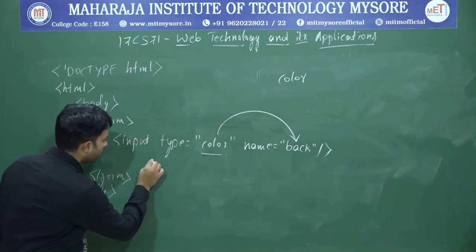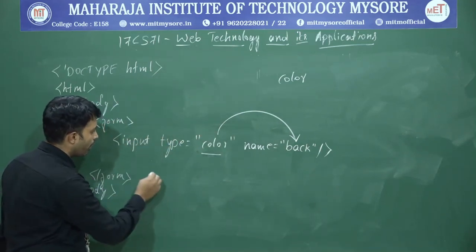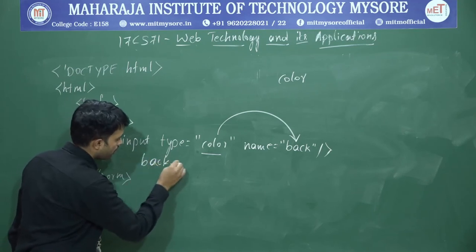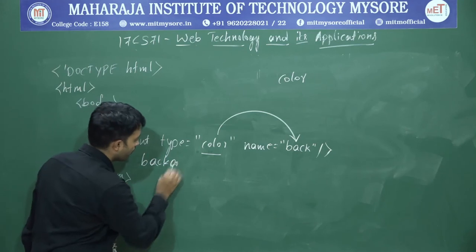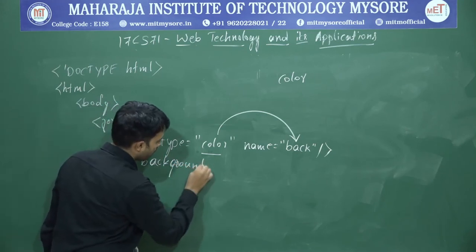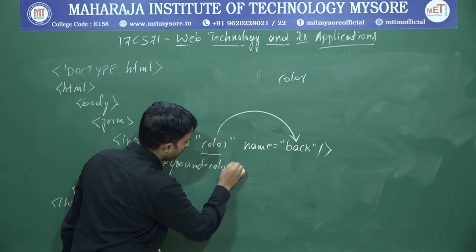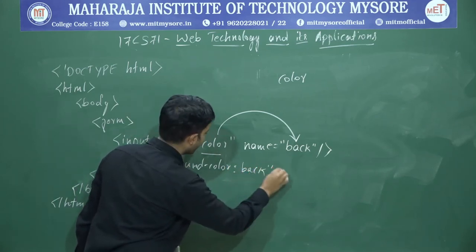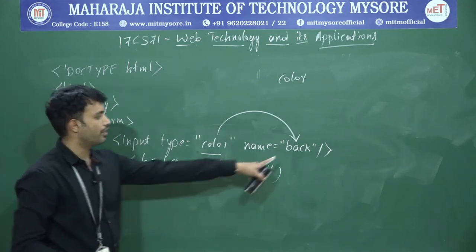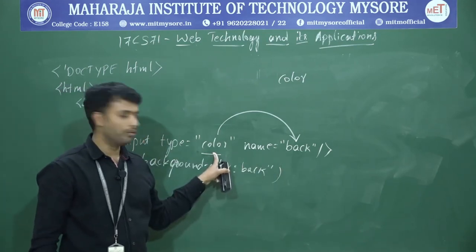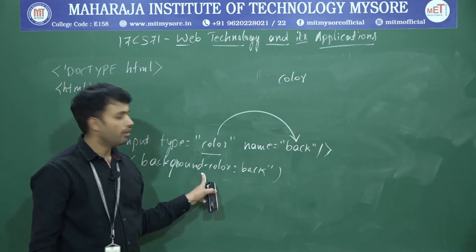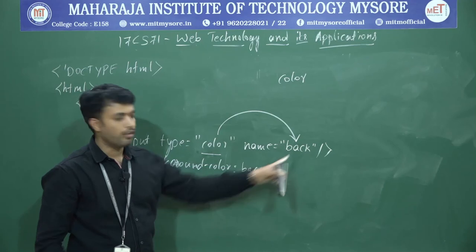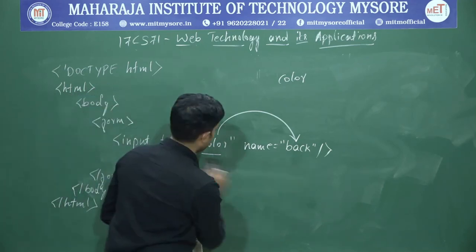So down the line in our program, if I change the background, color colon back, likewise we can make use of this color. We can change the background color by storing that into a back variable.